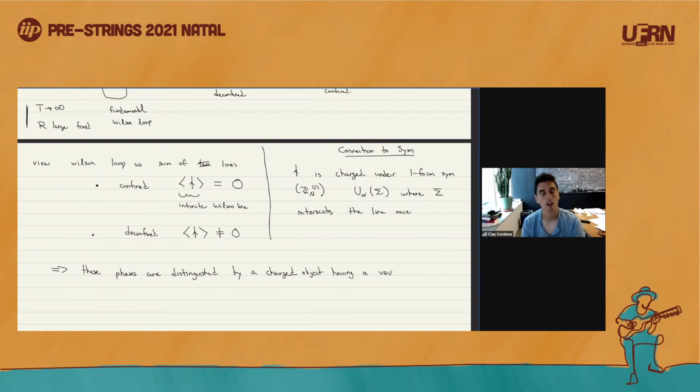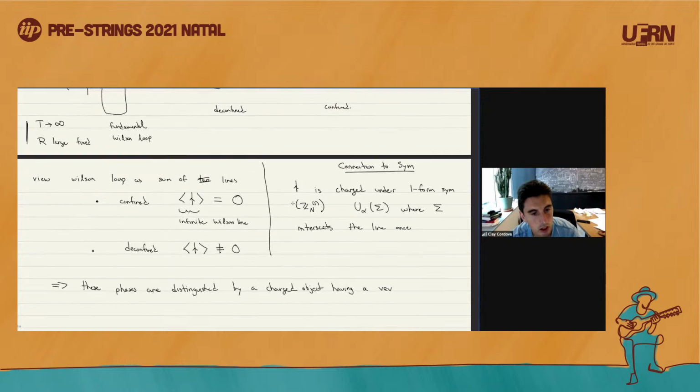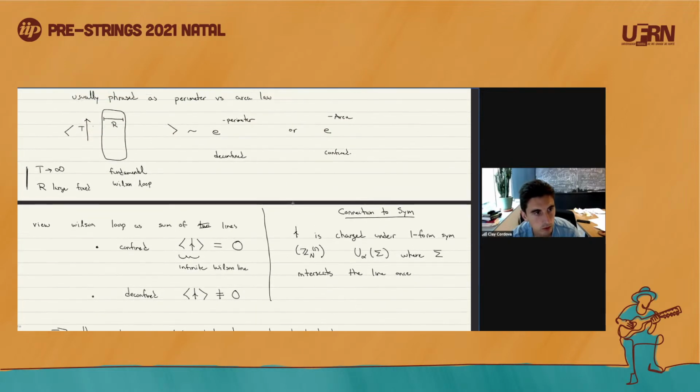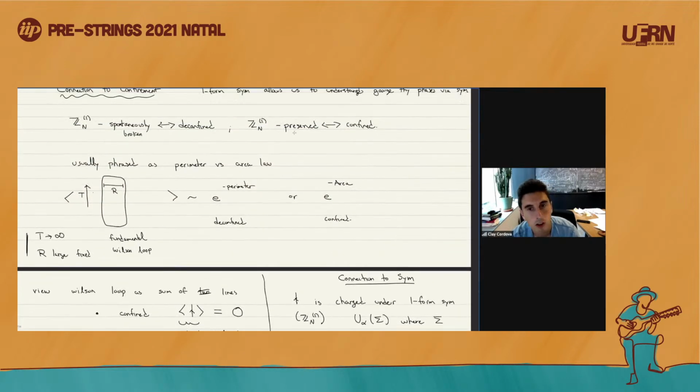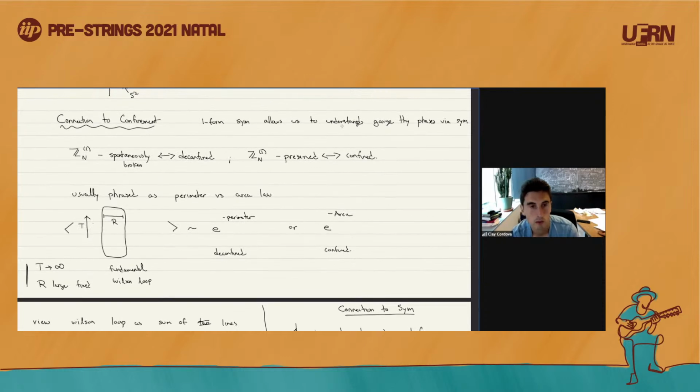To repeat the basic conclusion: one-form global symmetry in gauge theory is essential because it is the way of diagnosing these fundamental gauge theory behaviors, namely whether you are confined or deconfined. You're confined if you preserve the one-form global symmetry. You're deconfined if you spontaneously break it.